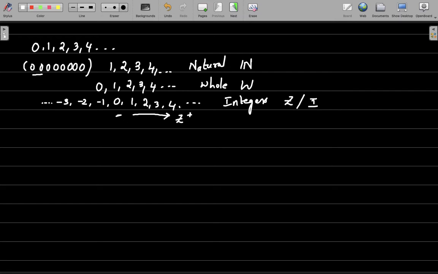This is a 0 which is neutral, neither positive nor negative, and to the left side of 0 you have the negative numbers which are represented by Z minus or Z negative, right? So the whole set of numbers from negative, 0 to positive numbers are called as integers, which are represented by Z or I.